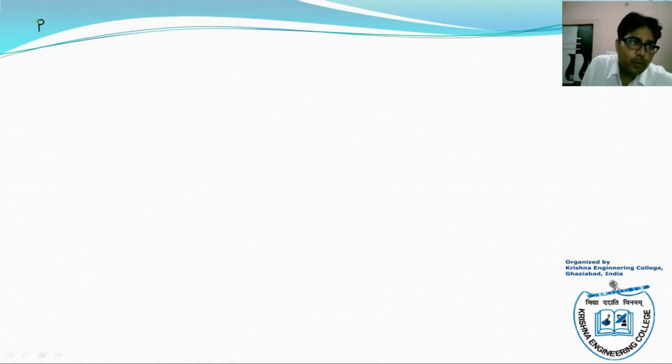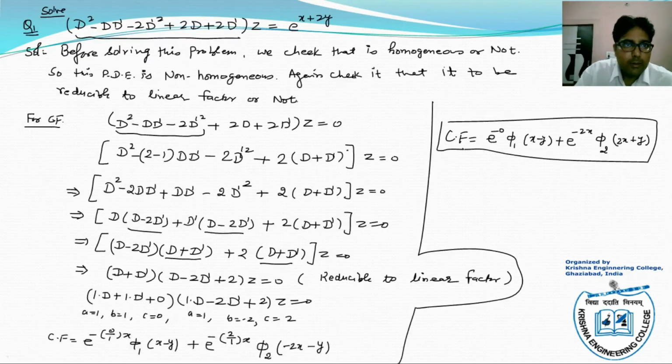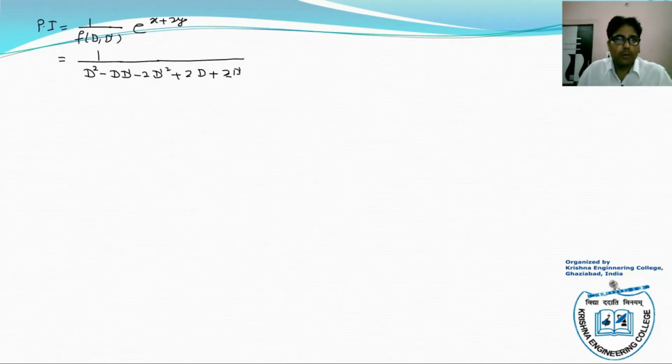The formula of PI is 1 upon f of D comma D dash, e to the power x plus 2y. Now put the value: 1 upon D square minus DD dash minus 2D dash square plus 2D plus 2D dash, applied on e to the power x plus 2y.